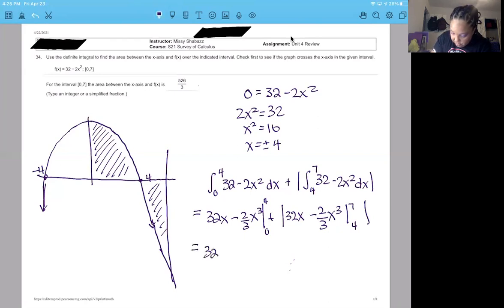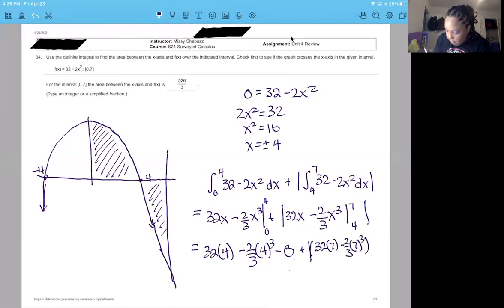I have 32 times 4 minus 2/3 times 4 cubed minus 0, plus the absolute value of 32 times 7 minus 2/3 times 7 cubed minus, whoops, forgot the first term, 32 times 4 minus 2/3 times 4 cubed.